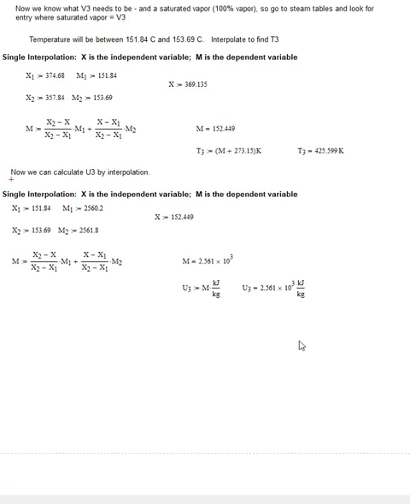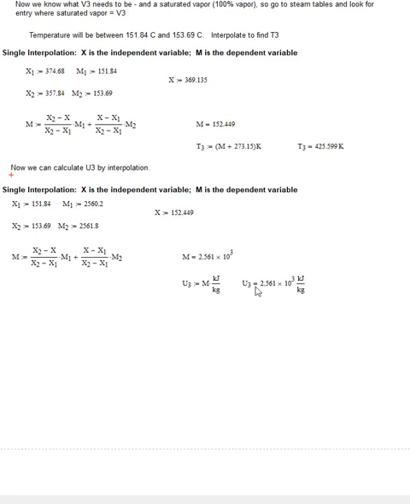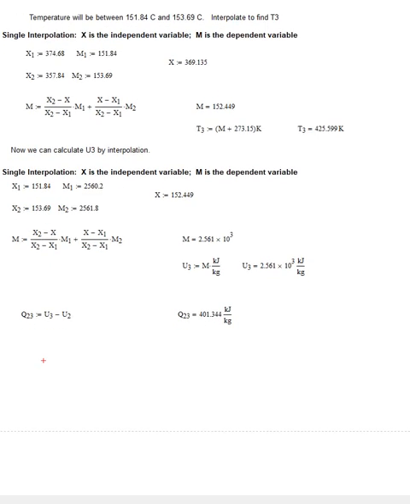So now we have the internal energy at state 3. We have the internal energy from state 2 that was calculated above, and we can calculate the heat transfer between state 2 and state 3. So Q is equal to delta U, which is equal to 401.3 kilojoules per kilogram.